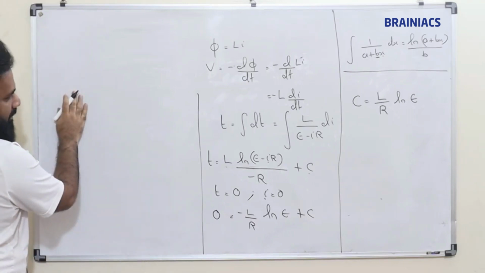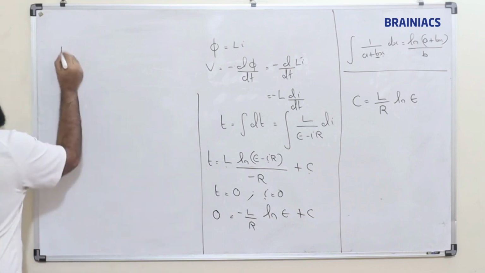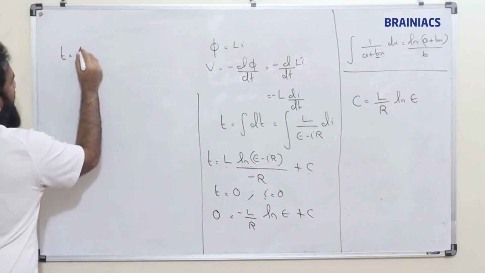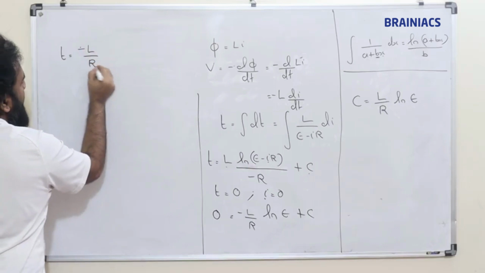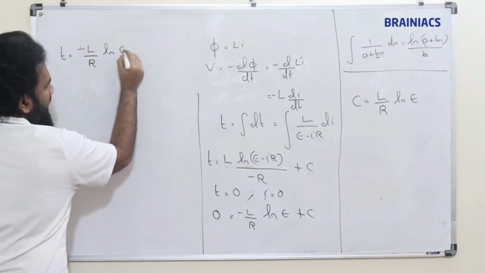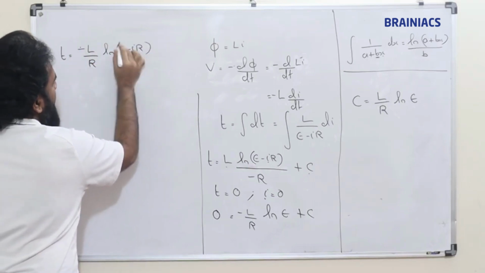What is the expression? Yes, this one. t is equal to minus L by R log of (E minus IR).